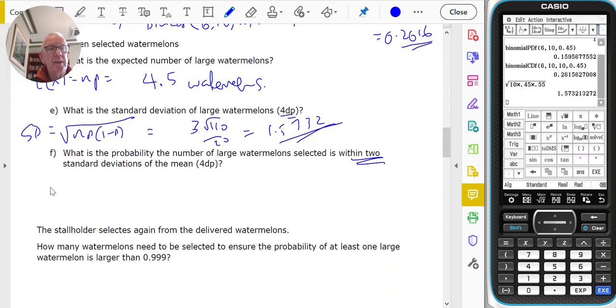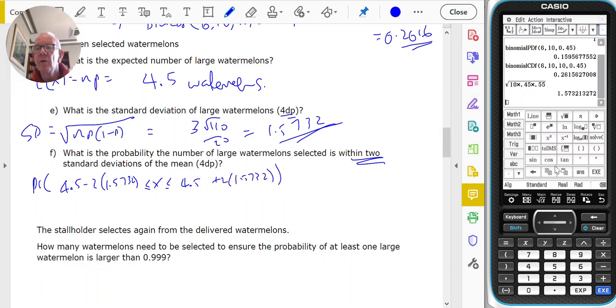And what's the probability the number of large watermelons is within 2 standard deviations of the mean? Okay, so that's going to be probability that X lies between the mean, which is 4.5 minus 2 lots of 1.5732, or 4.5 plus 2 lots of 1.5732.